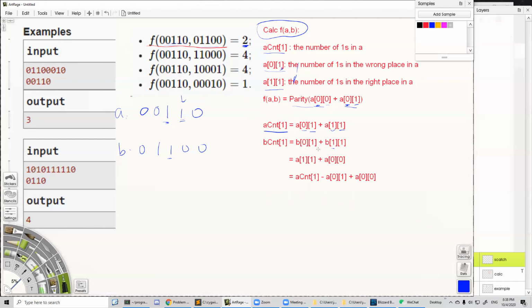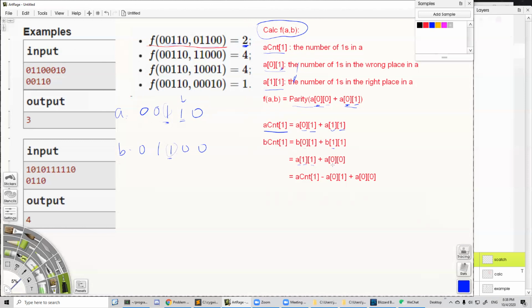And it also equals the ones in the right place in A, right? Because in A, if the one is at the right place, that means it is one in B at that same place as well, right?